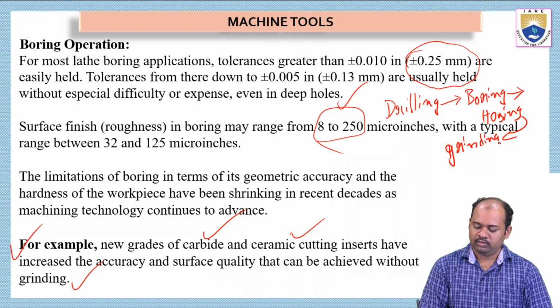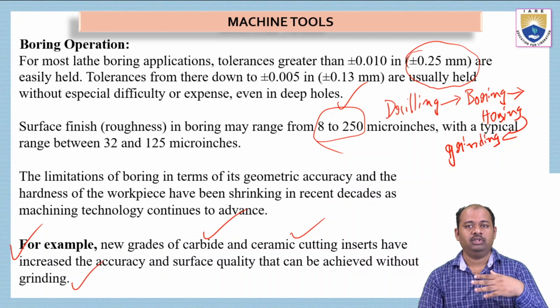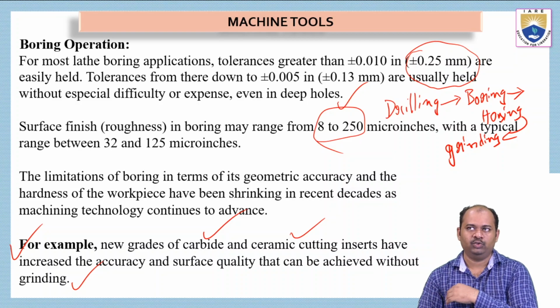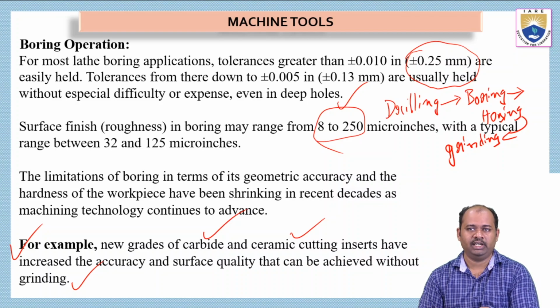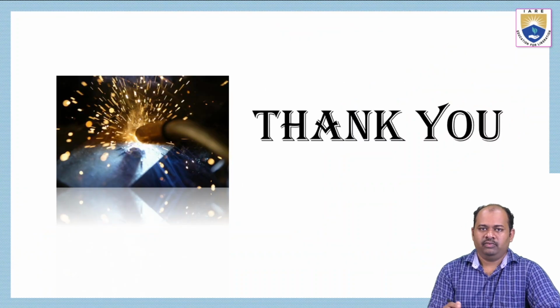So in this manner, we can get a smoother and smoother finish, depending on how much smoothness we want to attain. We go to another process one after the other. So here, the grinding process will give you the highest surface finish, but because of the advancement in technology, with the use of carbide tools and ceramic cutting tools, we can get a surface finish which is almost close to grinding. Okay, so that is all for this lecture.